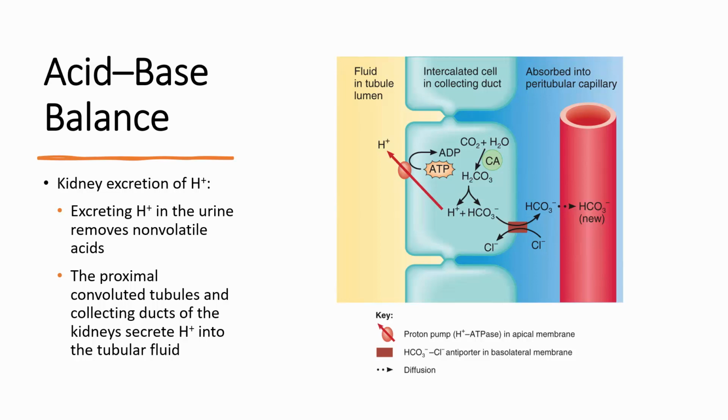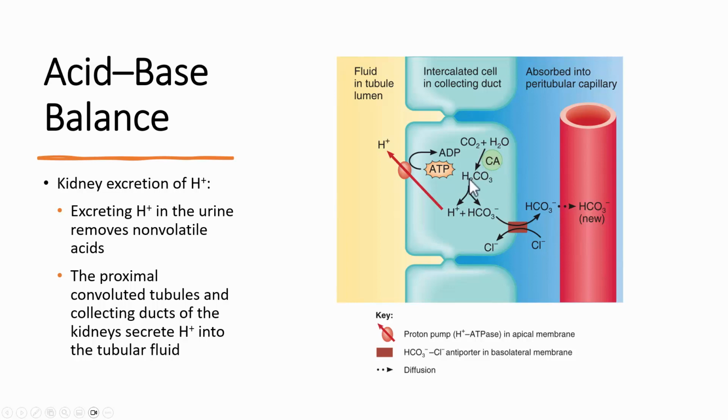Another way to remove hydrogen is through the kidneys. Excreting hydrogen in the urine removes non-volatile acids. The proximal convoluted tubule and the collecting ducts of the kidneys secrete hydrogen into the tubular fluid. And if we look at this picture right here, we can see here's the CO2. We bring that in with water. Here's that carbonic anhydrase I mentioned earlier.